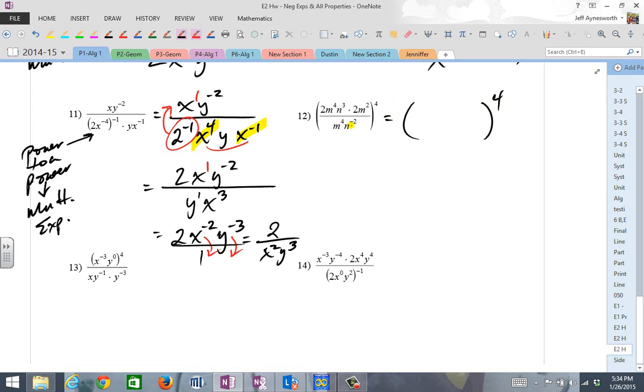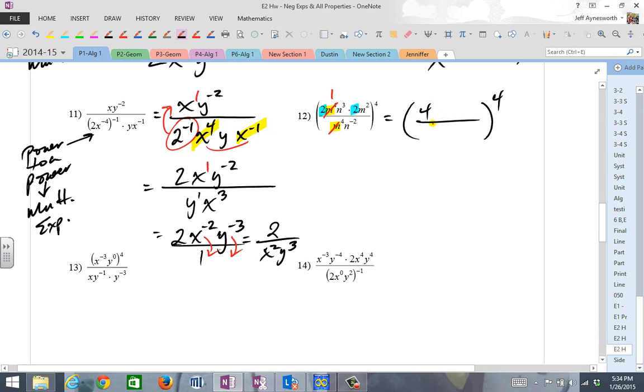Okay. Now inside here, I see m to the 4th divided by m to the 4th. Well, first of all, that's 1. And I also see 2 times 2, that's 4. So I'm going to say 4 here. N cubed divided by, I'd say n cubed m squared divided by n to the negative 2. So I'm just going to simplify a little bit.